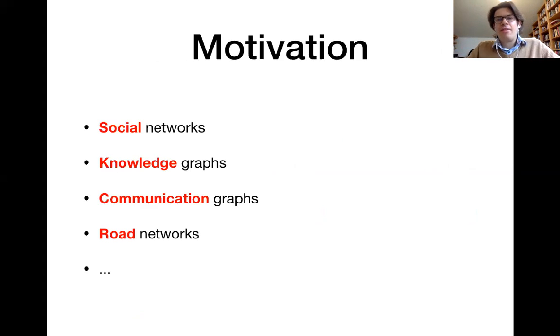Now, this is a little toy example, but in reality, we have nowadays a lot of data sets that are natural to represent as large graphs. If you think, for instance, of social networks, of knowledge graphs like the Google knowledge graph, of communication graphs, of road networks, and so on and so forth, in many cases it is quite natural to think of that data as a graph.